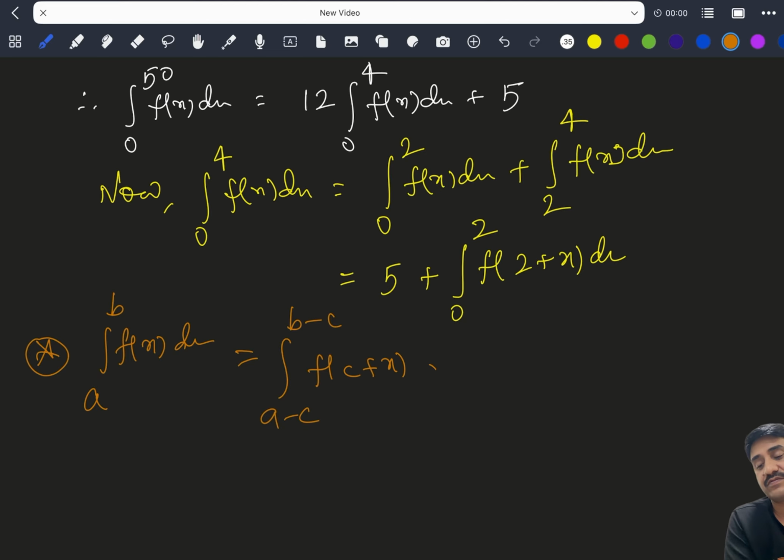Both are the same, so that same property I have applied here.